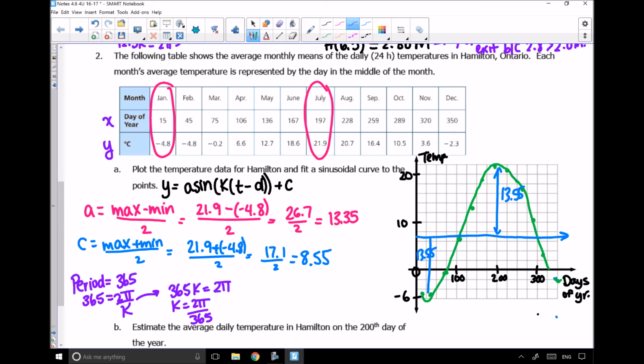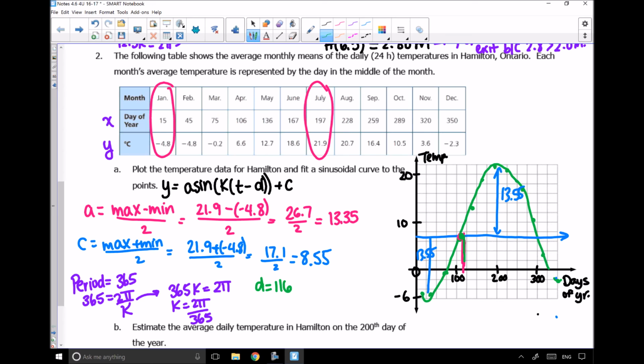And then the last thing I need to do is figure out what my d value is. Well, my d value will occur on my axis right here, and it's about 116 days. So we can say that our d value right here is 116.